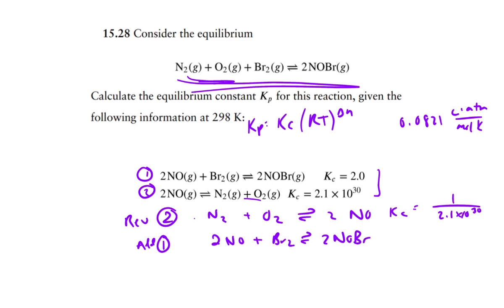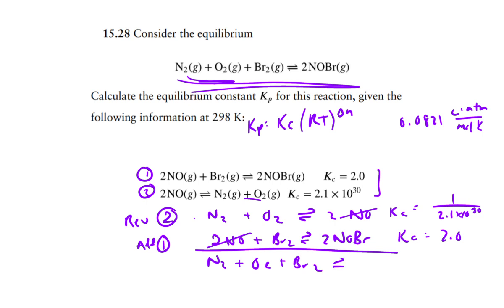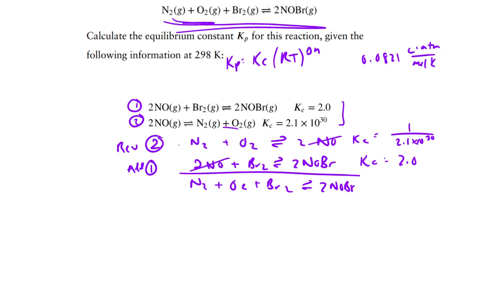We don't have to do anything to that K. Add them up. The NOs are going to cancel. We'll get N2 plus O2 plus Br2 in equilibrium with 2 NOBr. And when we add equations, we're going to multiply the K's together.